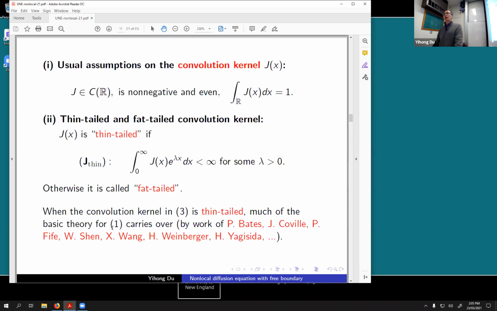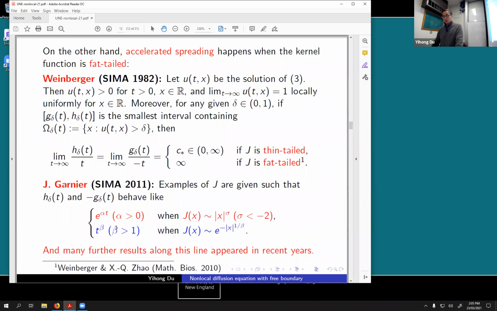So you also have a finite speed, and the spreading is determined by some kind of traveling wave solution. But for a fat-tailed kernel, there's a new phenomenon called accelerated spreading. There's a result of Weinberger, quite an old one, 1982.